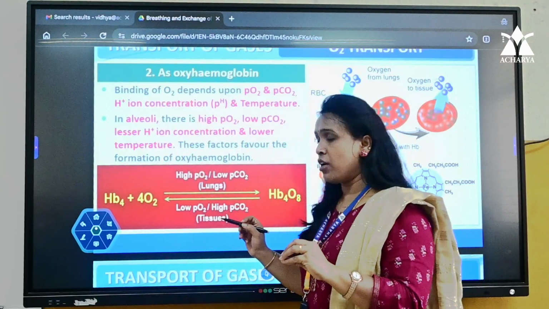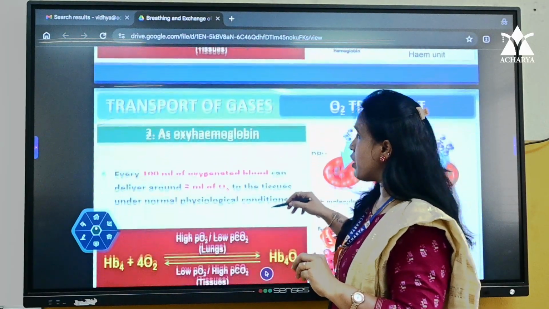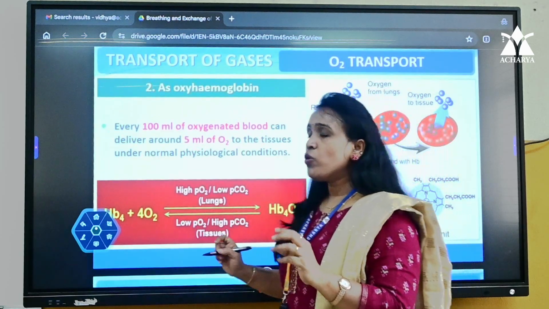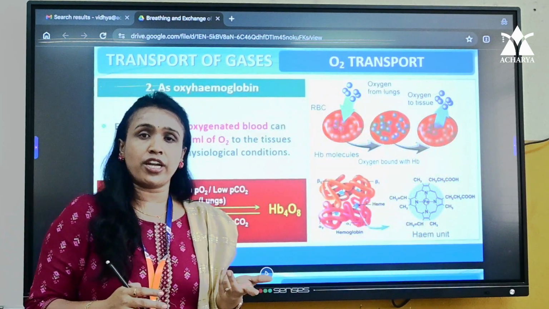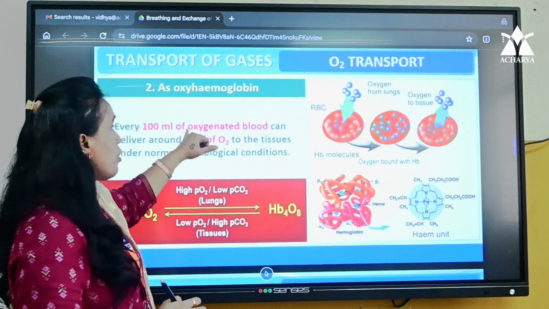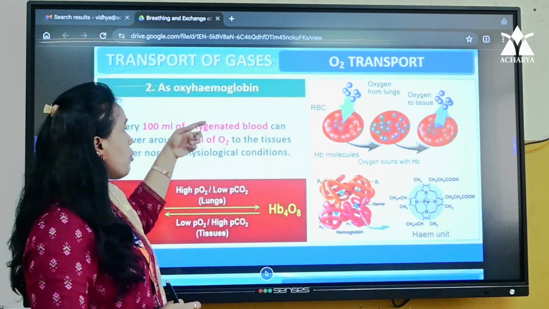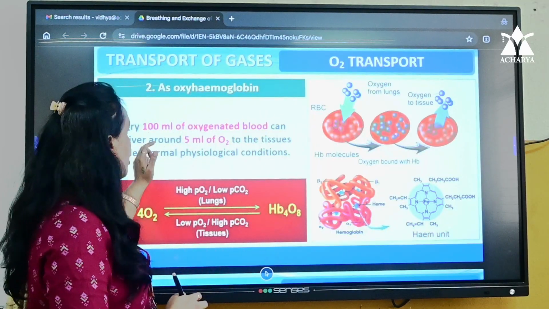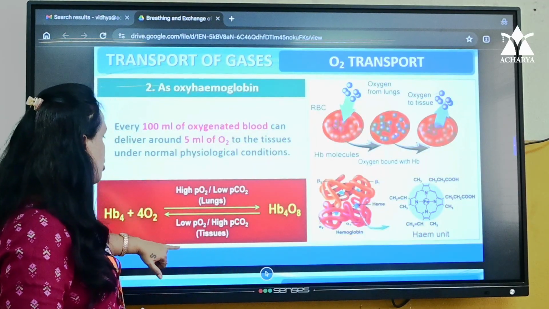The next one is the amount of oxygen carried by the oxygenated blood: 100 ml of oxygenated blood can carry 5 ml of oxygen to the tissues.